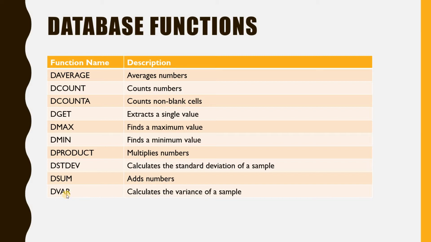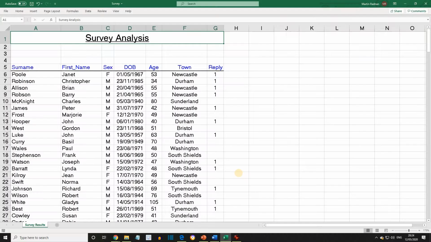Okay, if you open the workbook survey, to find information about people who have replied to the survey, copy the top line of the list, that's the titles, to row 2.